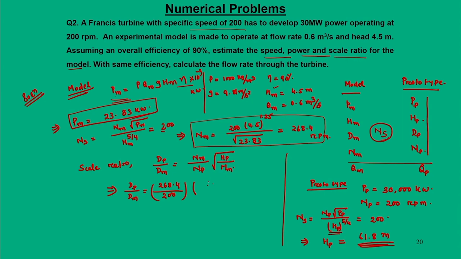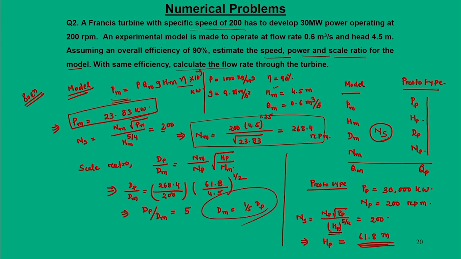So, it is 61.8 divided by HM is 4.5 to the power half. So, dP by dm is equal to approximately 5, or dm is 1/5 of dP. So, this is the third answer.